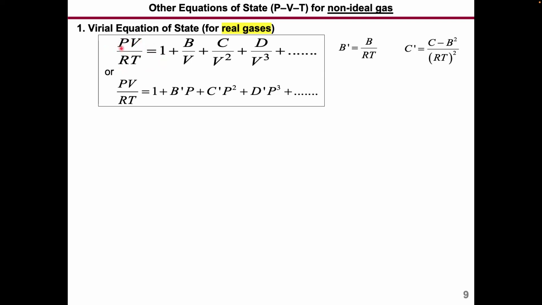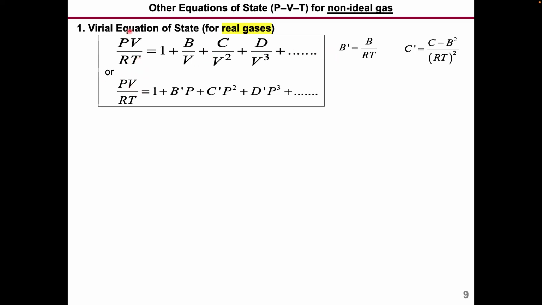PV divided by RT is equal to 1 plus B, the virial coefficient, divided by V, plus C divided by V squared, plus D divided by V cubed, etc. So you increase the power of V, and you have a different constant each time.